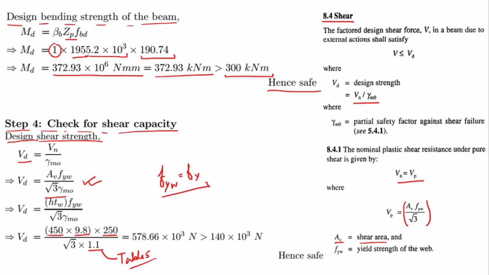For the beam section, the whole section is made of the mild steel, so both for the web and the flange the yield stress will be same. Finally the design shear strength is calculated as 578.66 into 10 cube Newton, and it is greater than the given factored shear force 140 into 10 cube Newton, hence the section is safe against shear.